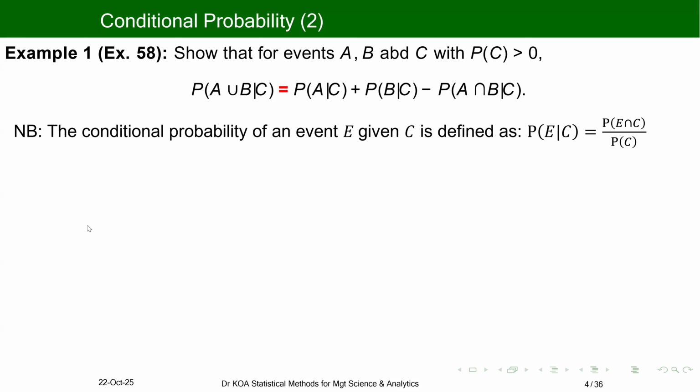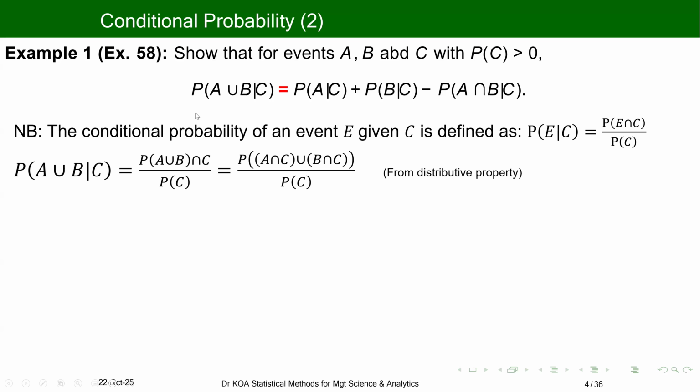Okay. Now, we are proving that this very element is equal to this minus the intersection. So we start from this same one. We can prove that A union B given C from this extension here. Let me just go back. From this very thing that you see here, we can write the conditional probability for this.